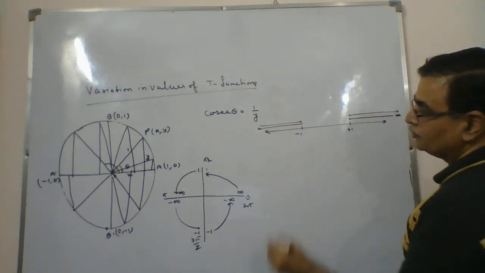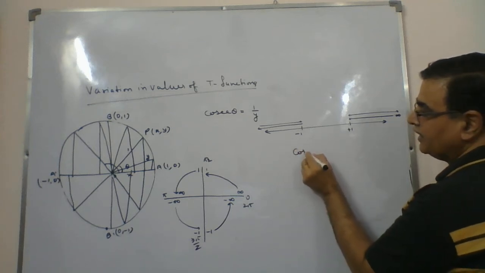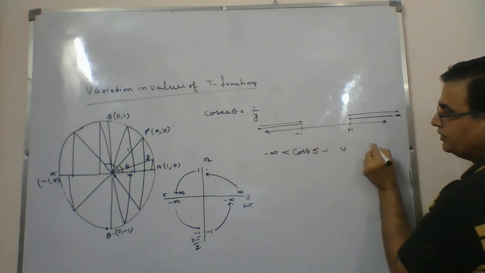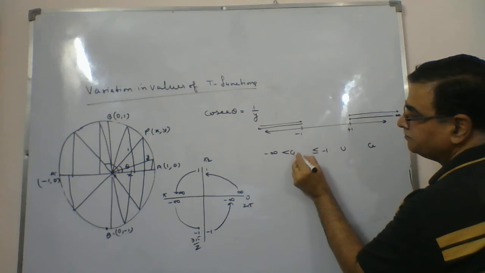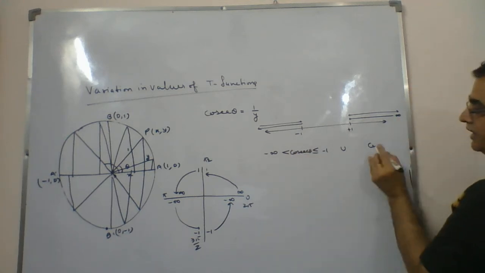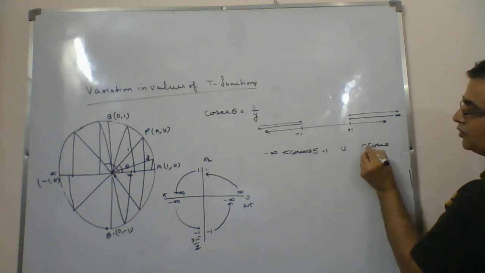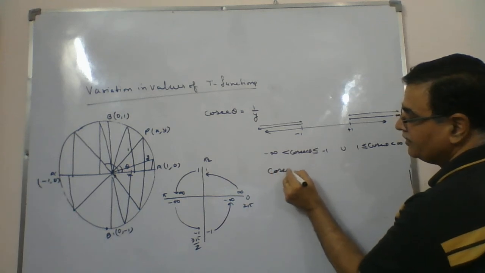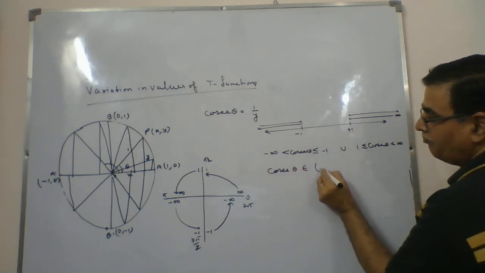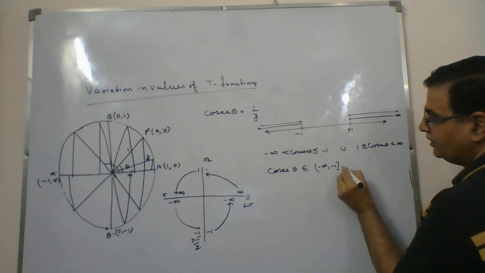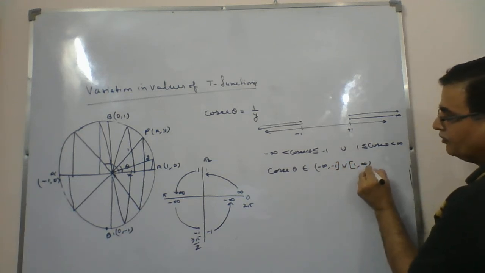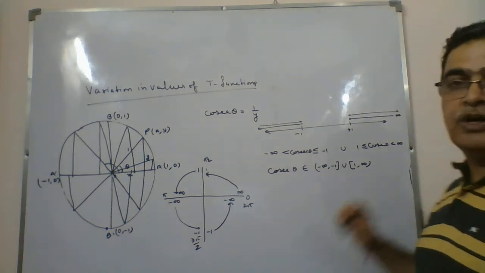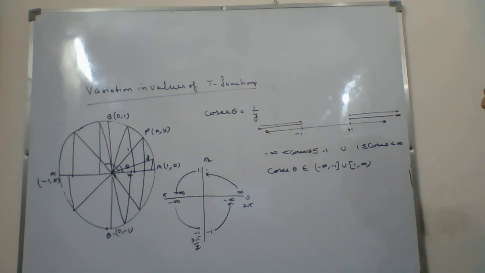So that means cosec theta belongs to minus infinity to -1 union 1 to infinity. Cosec theta is minus infinity to minus 1 union 1 to infinity. This is the range of cosec theta.